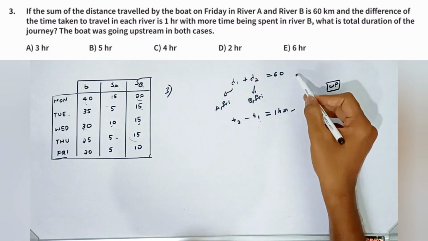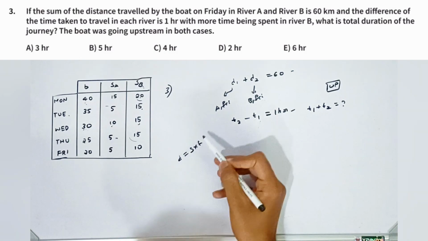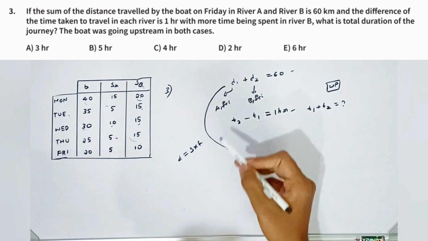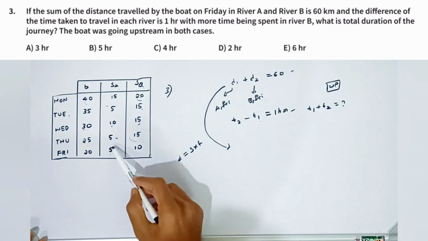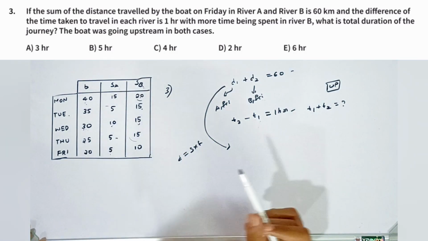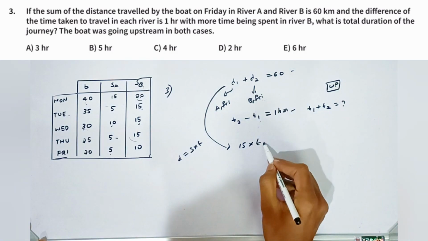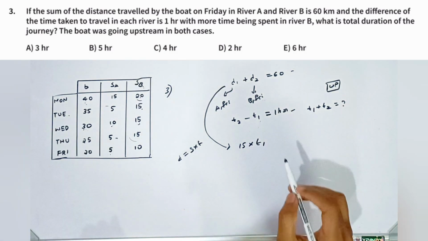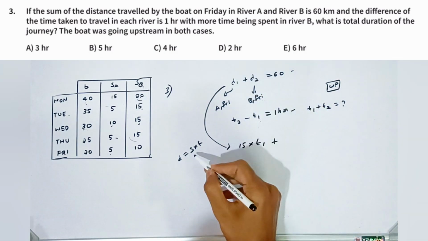Okay, so we have the two equations. Okay, the distance formula is what? Speed into time, right? So I am writing that. So speed is nothing but A Friday. So here Friday, so 5. So it is upstream, right? 20 minus 5 is nothing but 15. That is the speed, into time I don't know. So time I am writing as T1, right? And next plus D2, the formula is speed into time, right?